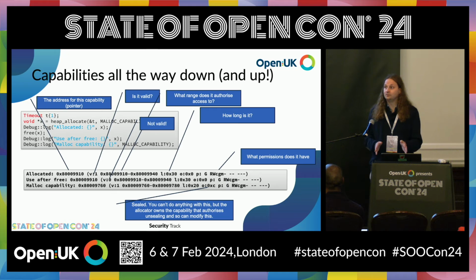But some are reserved for software use, and that's what we use to give you these opaque tokens that in the compartment that holds the capability that allows you to unseal them are just pointers to objects once you've unsealed them, but with really strong tamper-proof guarantees.